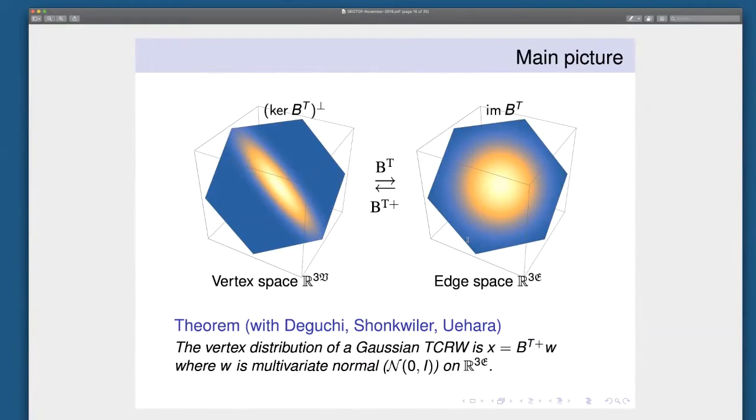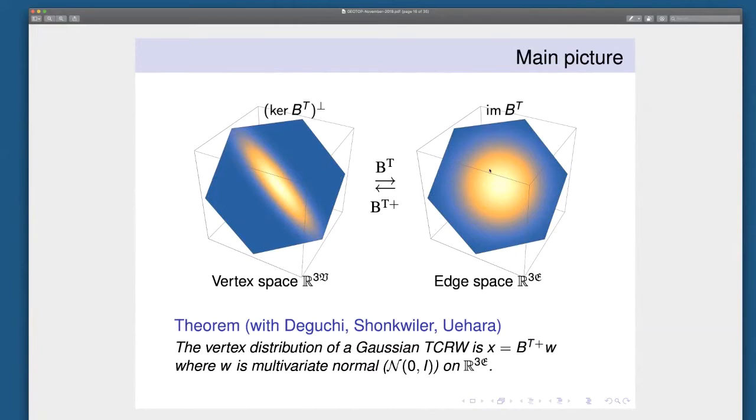I can tell you exactly what the meaning is. If you think of going from vertices to edges, this process of subtracting tail position from head position is like taking the gradient of a function.